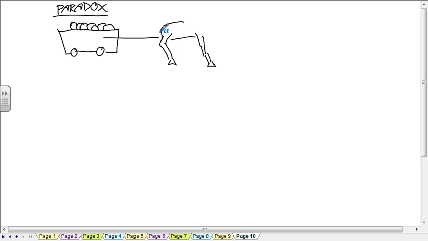Fine looking horse. Okay, beautiful. What a horse.